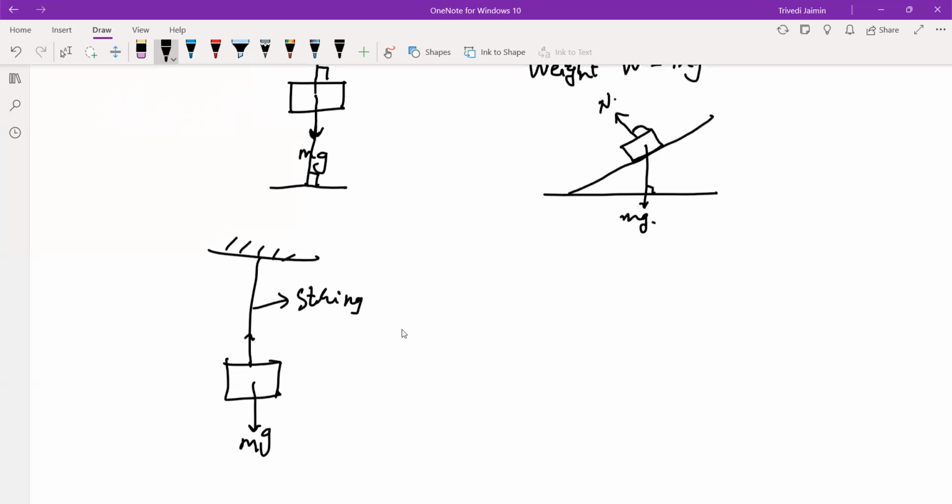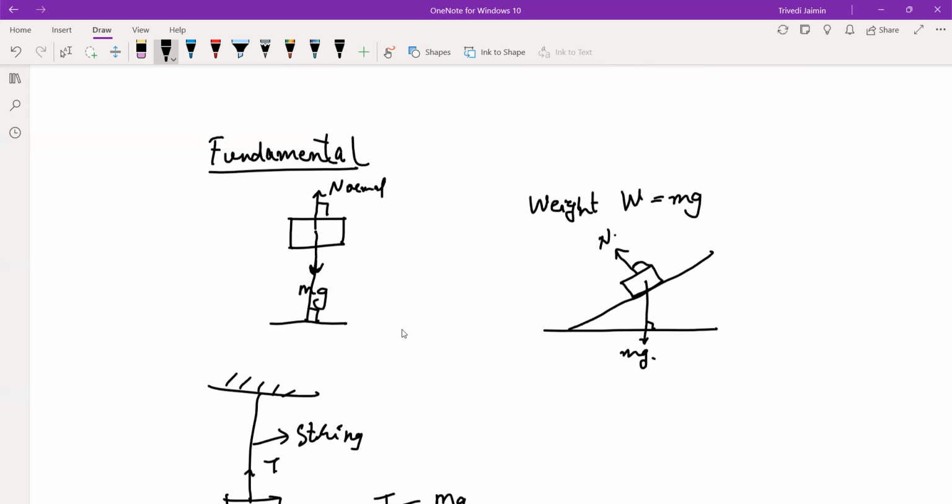This force occurs when we are pulling or stretching a rope, string, chain, cable, anything like that. Anything related to string or rope creates tension from the box. So here T equals mg.